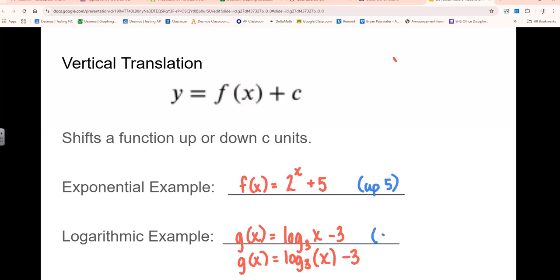This one right here would be down 3. If there are no parentheses around that x, then it's assumed it's on the outside of the parentheses. Everybody good there?